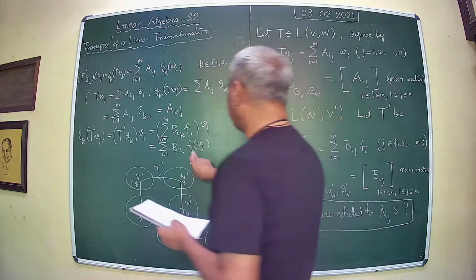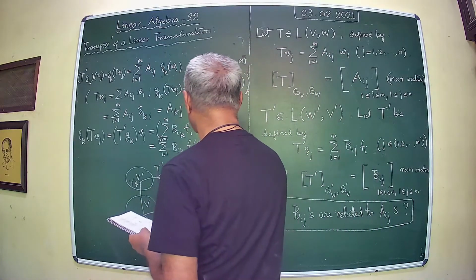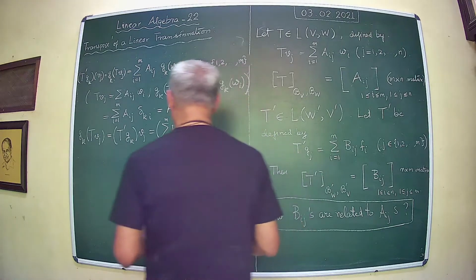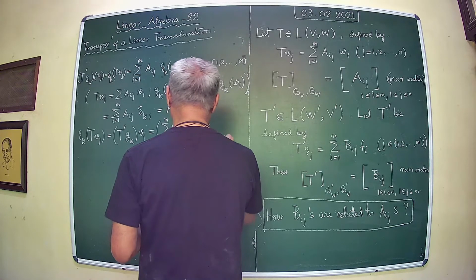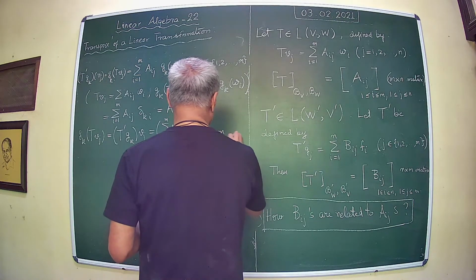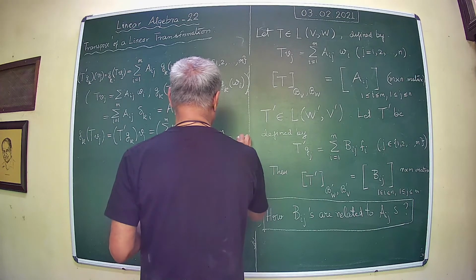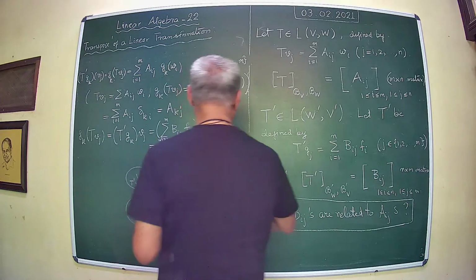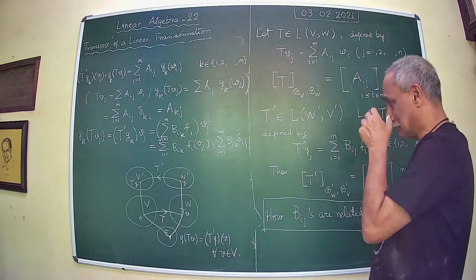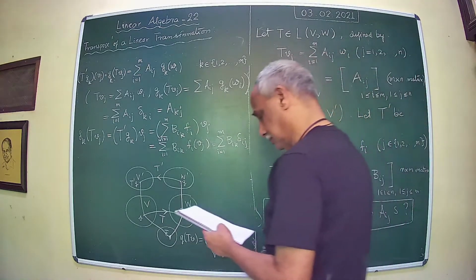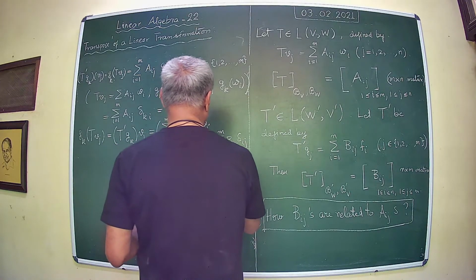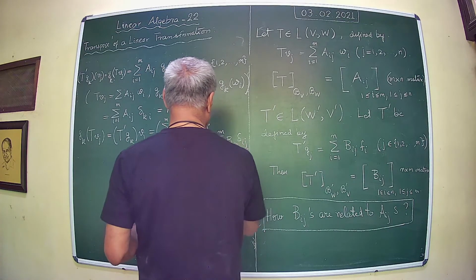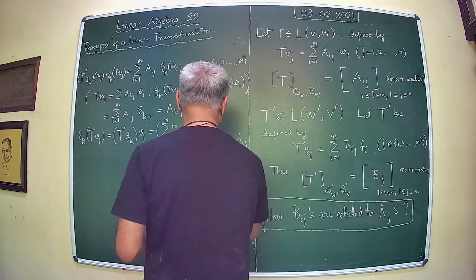And Fi Vj you can write as delta Ij because that's again the duality connection. So this you have I equal to 1 to m Bik delta Ij. Therefore, what you get? This is equal to, see, you are summing over I. So when I equal to j, you get 1, otherwise you get 0. So you get b.